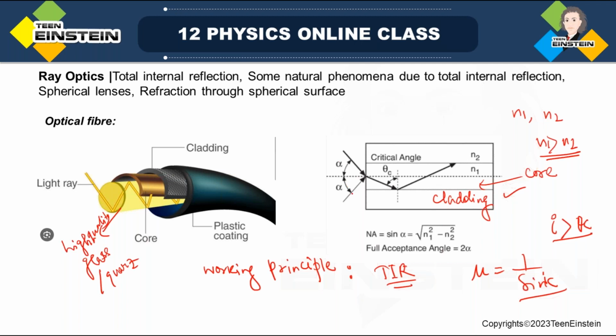If this angle is alpha, and from the axis on the other side also this angle is alpha, that means there is a cone, and within this cone, if the rays enter the optical fiber, then they will suffer total internal reflection. I'll just draw the cone for you.